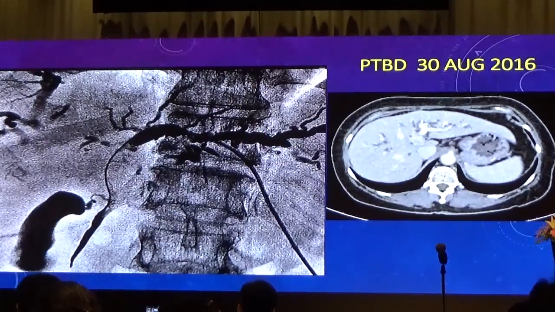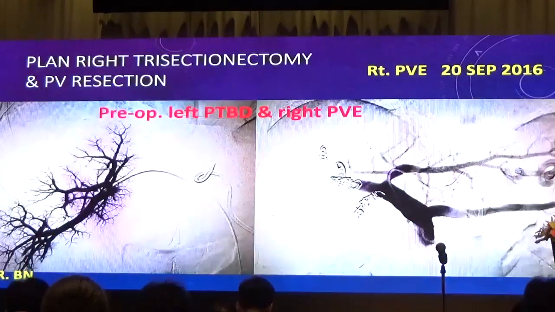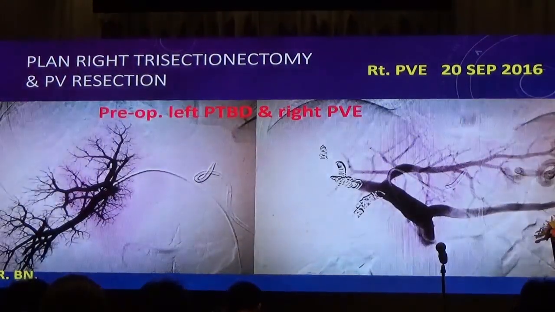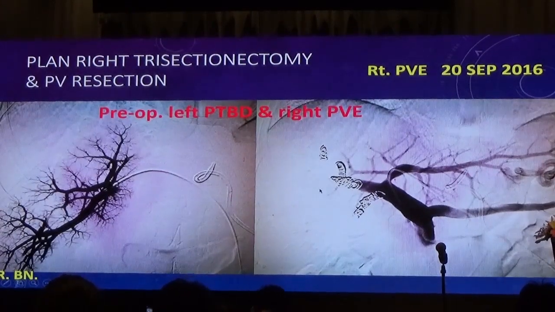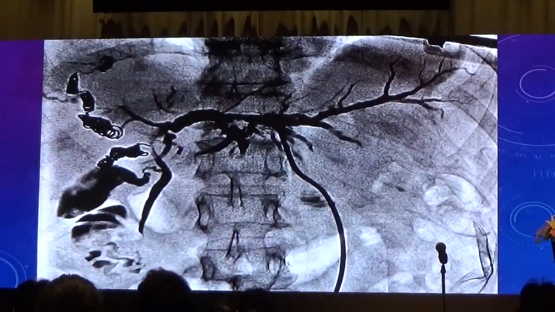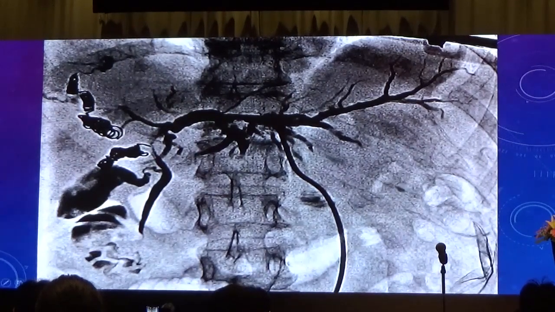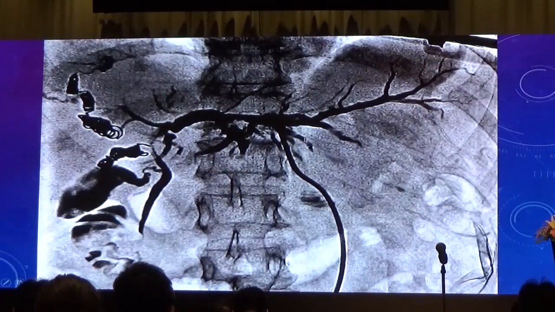And for this case, you need portal vein embolization. Possibly right trisegment portal vein embolization. Yes. Okay, and for this case, we performed a right portal vein embolization. One month later, we performed PT cholangiography again to measure the extension of the tumor to the left side.